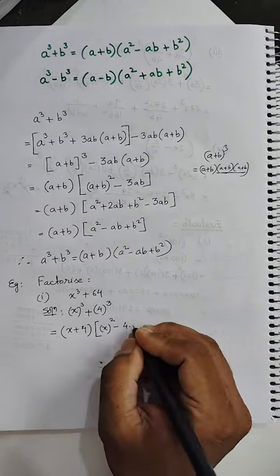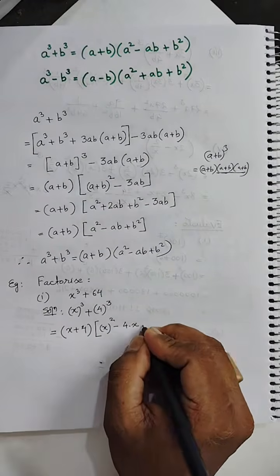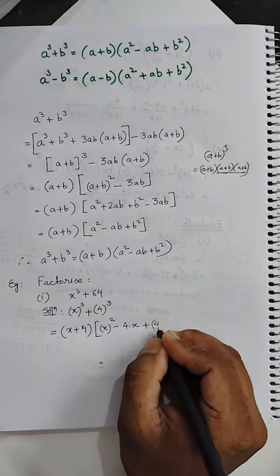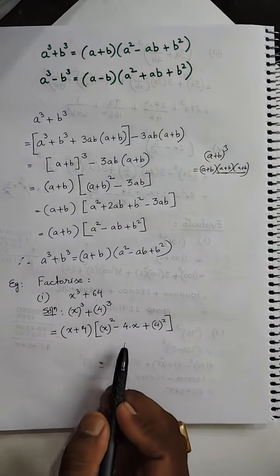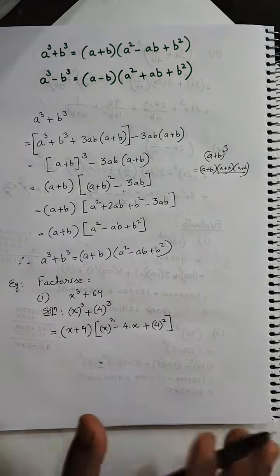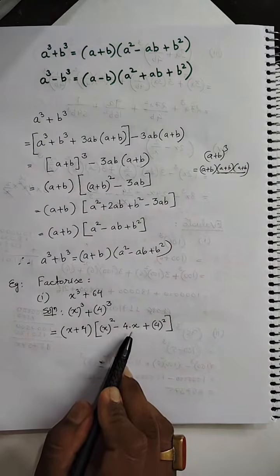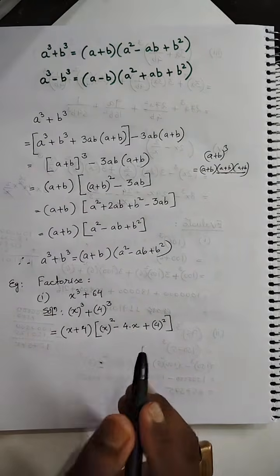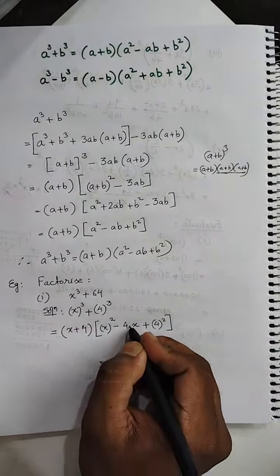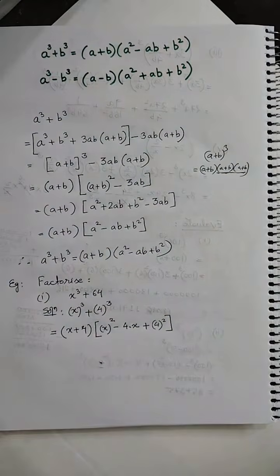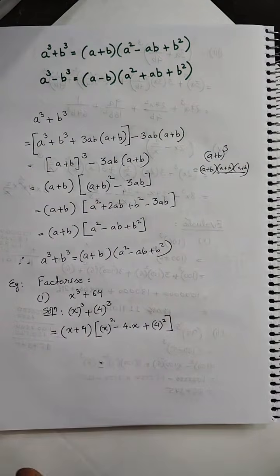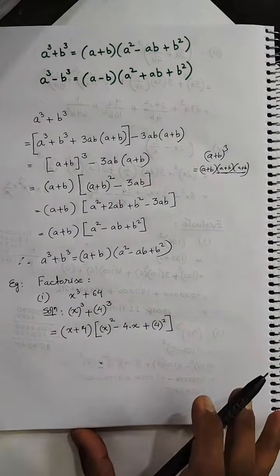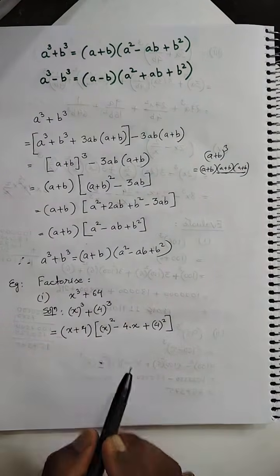Just one thing: whenever we are using variables like x and all, just to avoid confusion between x and the multiplication sign, we can use a dot. Otherwise my handwriting is so bad that both will look like the multiplication sign. So I am avoiding that and I am using a dot.